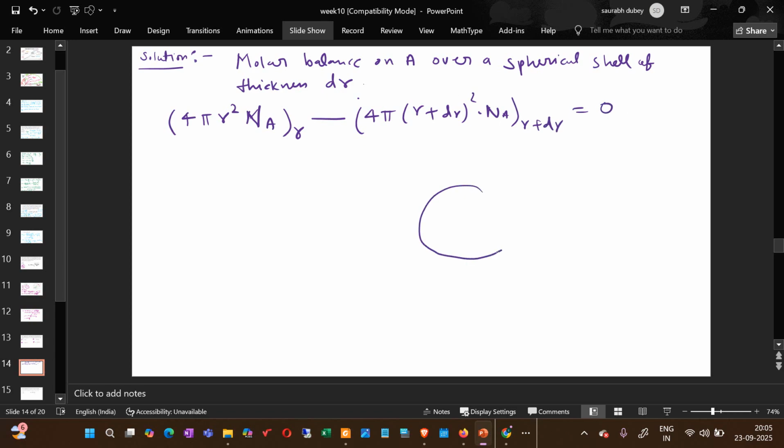This is that spherical shell. Suppose this is R1, and here suppose that is the gas B film, suppose it is R2.